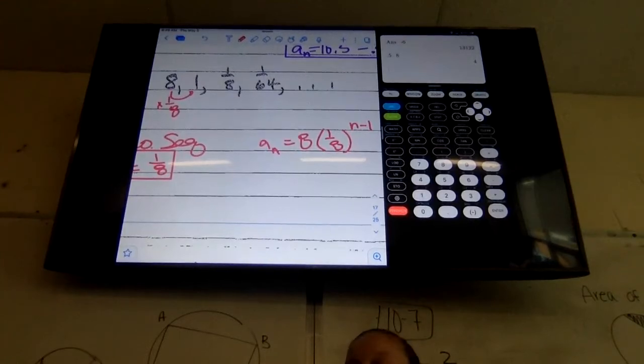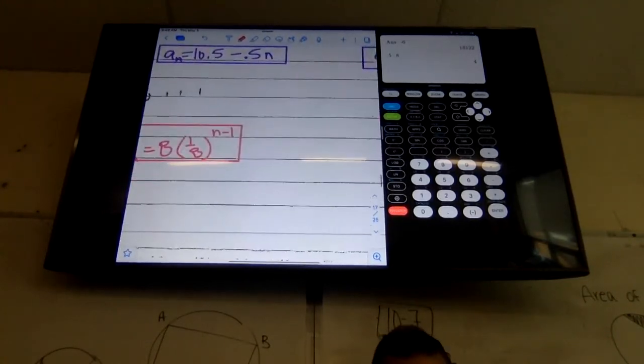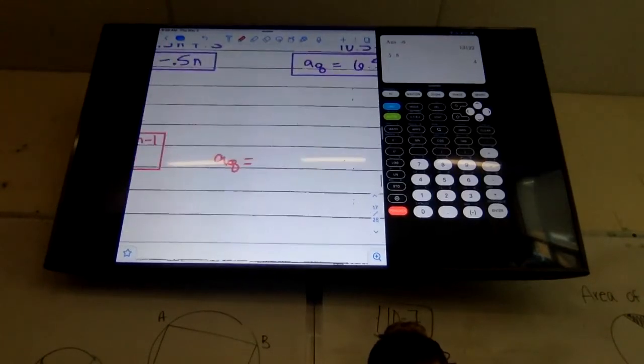Can I do anything to that, or is that as good as we go? Good as we go. A lot of eights, because now we're about to plug in 8s, aren't we? So a sub 8 equals 8 times 1/8 raised to the 8 minus 1. Ooh, lots of 8s. But that 8 minus 1 becomes a 7.